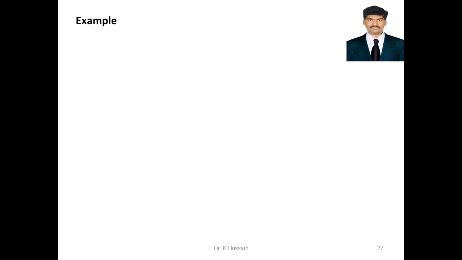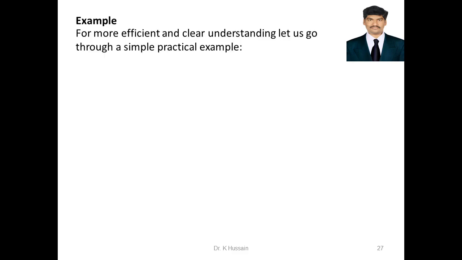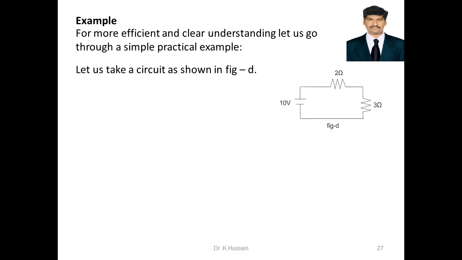This is the first example we are taking. For your understanding, we are taking a simple, practical example. Let us take one circuit that is shown in figure D here. A very simple circuit: one source, a 2 ohm resistor and a 3 ohm resistor. It is a simple series circuit, right?